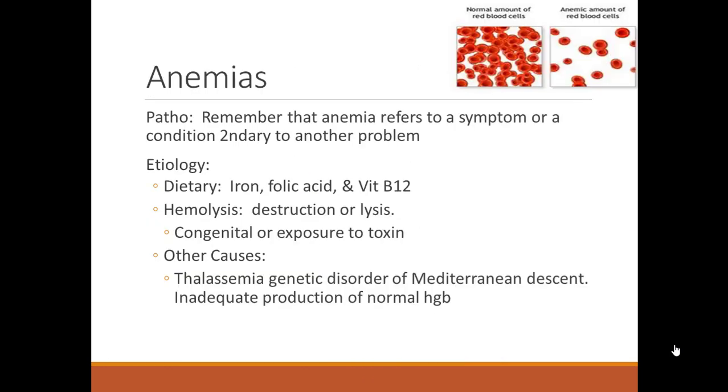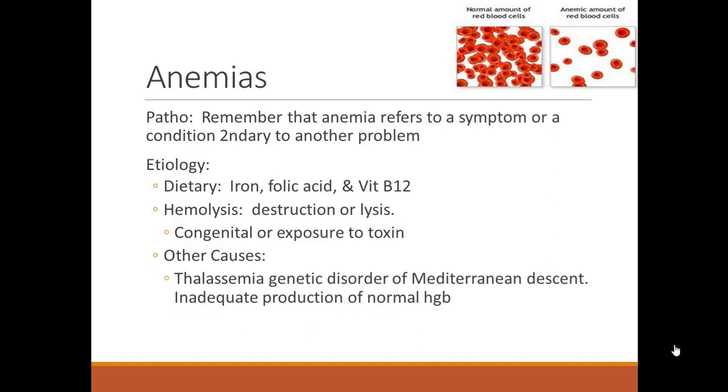So anemia is always a symptom or condition caused by another problem. You don't just have anemia, you have something that causes anemia. Like I said, it might be dietary, where they're not taking in enough iron, folic acid, or vitamin B12. Might be hemolysis, where those red blood cells are being destroyed or lysed.